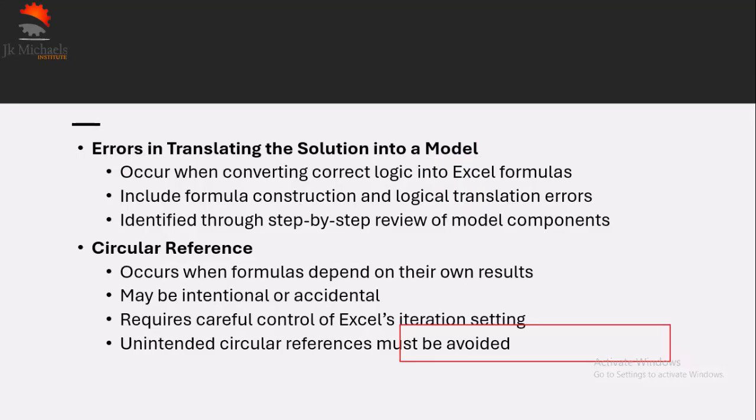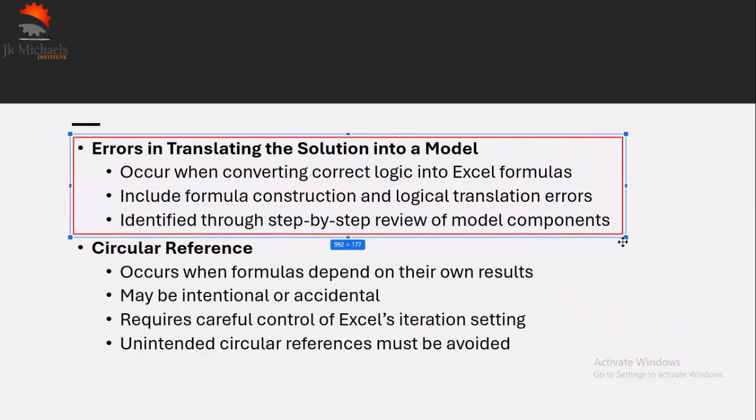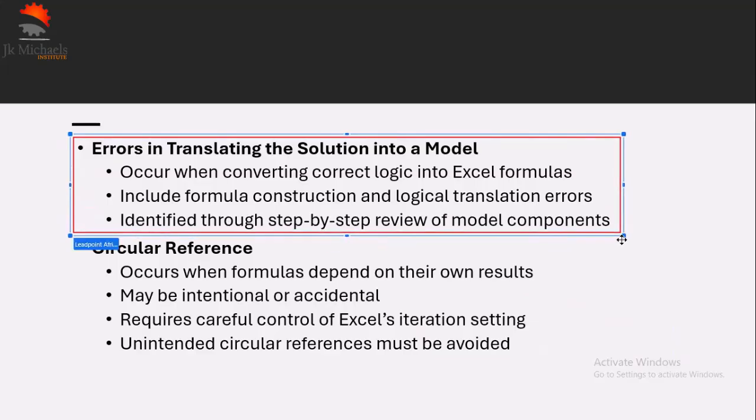Now, errors in translating a solution into a model. When you're converting a correct logic into Excel formulas, mistakes can be made, right? One very popular mistake I used to make when I was starting out was how and when to use what we call parentheses, which are the brackets.